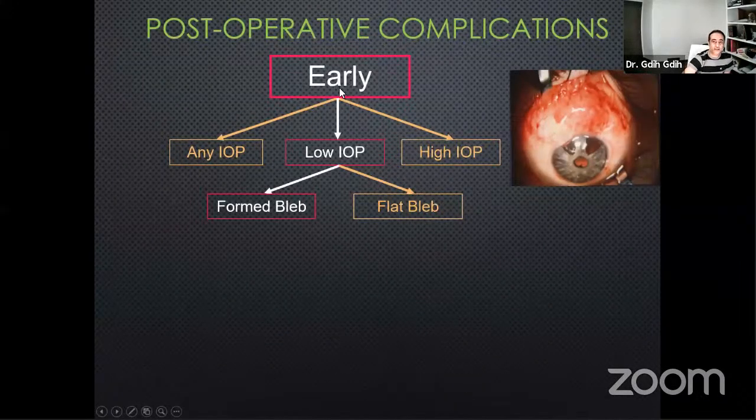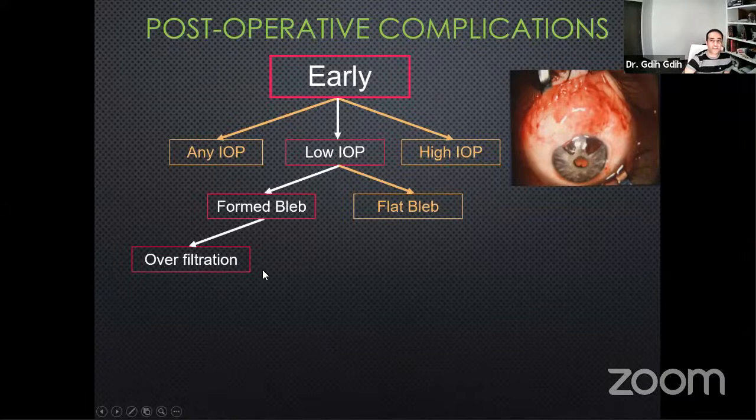Okay, so back to the early post-op complication with low intraocular pressure with formed bleb. We have low pressure but formed bleb. What does that mean? It means overfiltration. Before I continue, I want everyone to look at the complication from the dynamics of the aqueous humor.